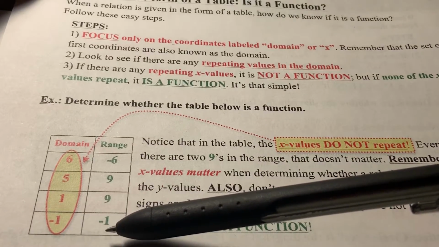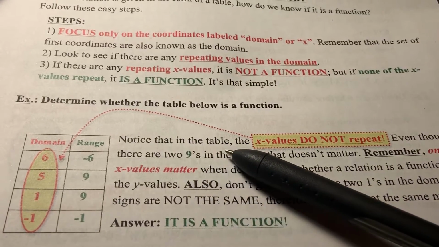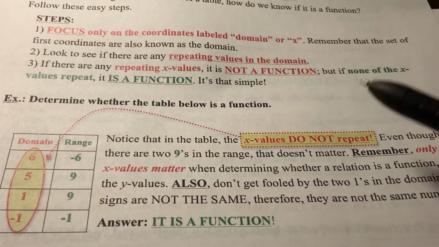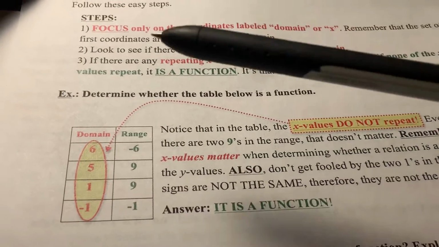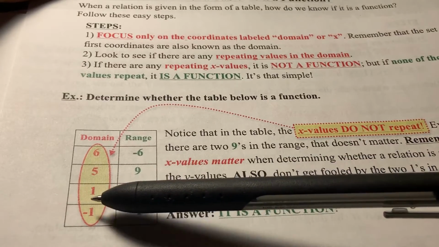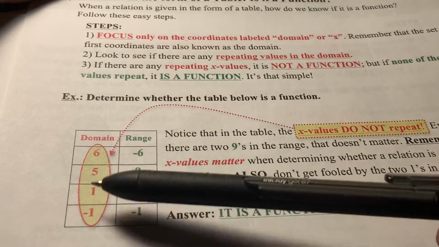It says here, notice that in the table, the x values do not repeat. Let's make sure. 6, 5, 1, -1. Now somebody might say, wait a minute, Mr. Barbier, I see two 1s.